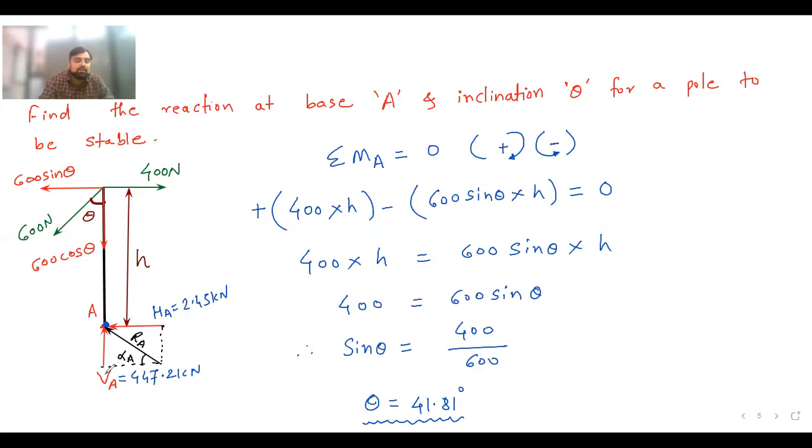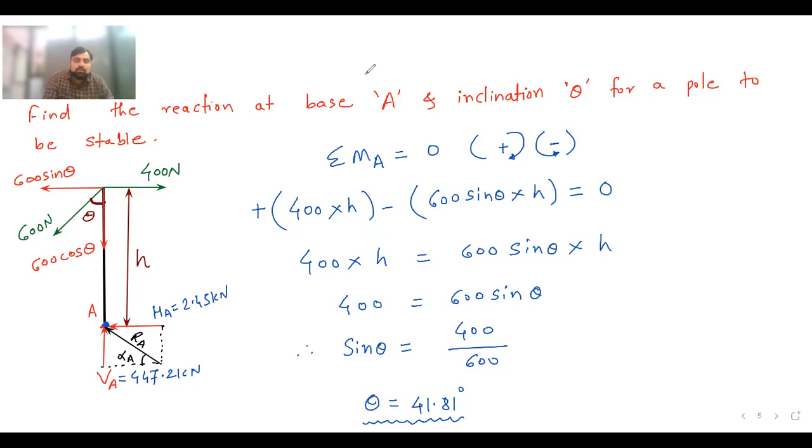After finding HA and VA, we are going to find this RA. Have you understood RA? Whatever I have shown over here is according to the law of parallelogram of forces.